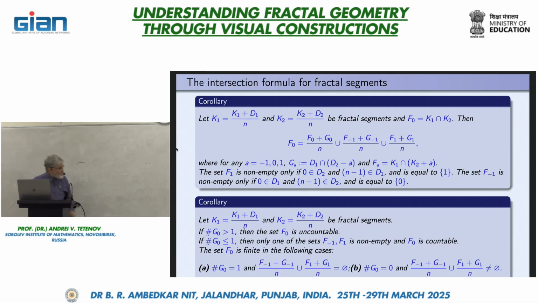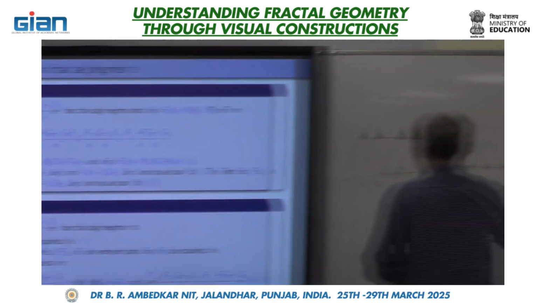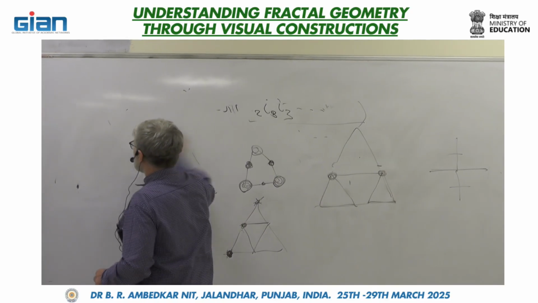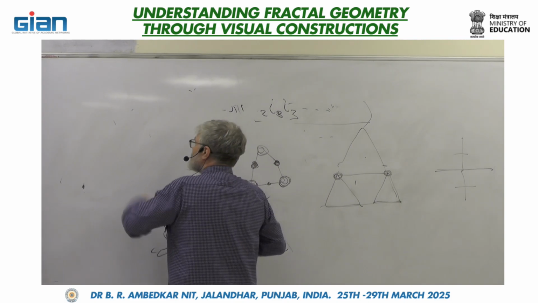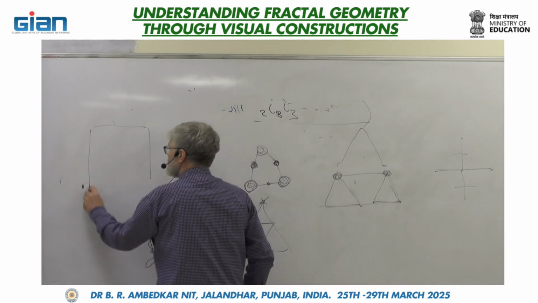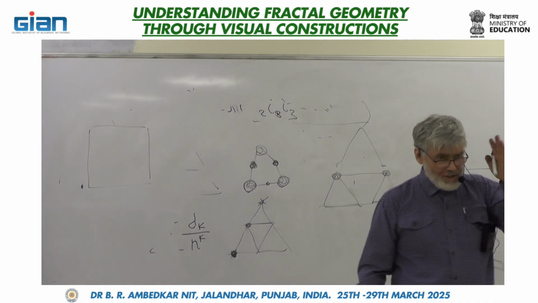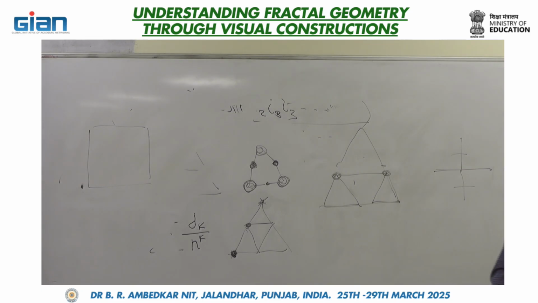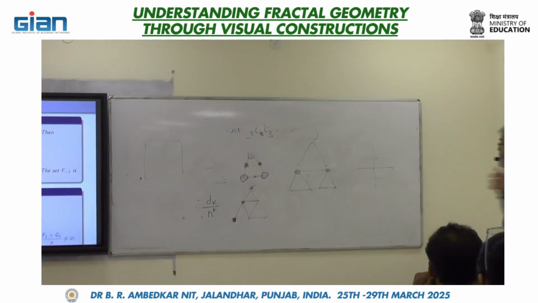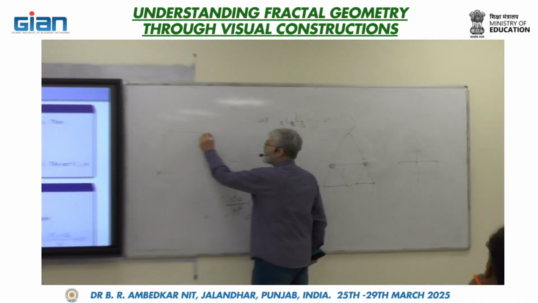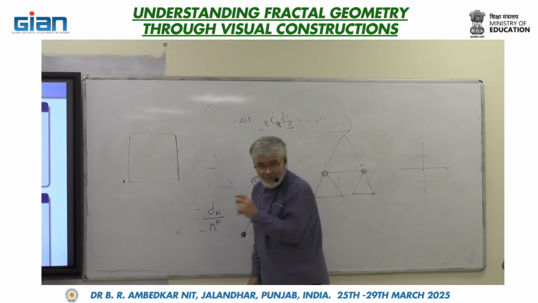So what happens with the components of a fractal square? If you have a fractal square, then it has 4 sides. These sides may be empty, may be non-empty, but each side is an intersection of the fractal square with this interval.